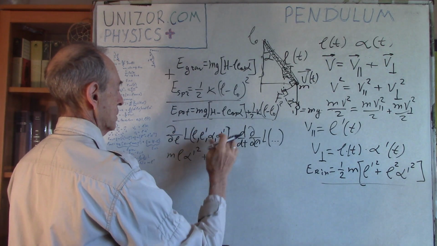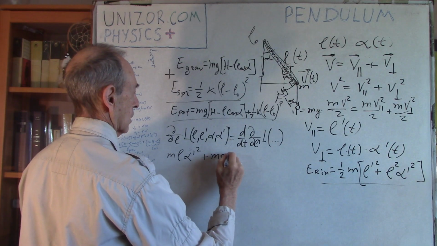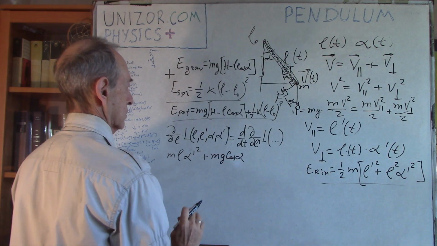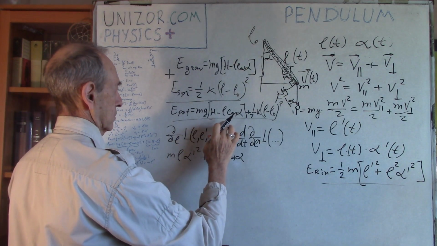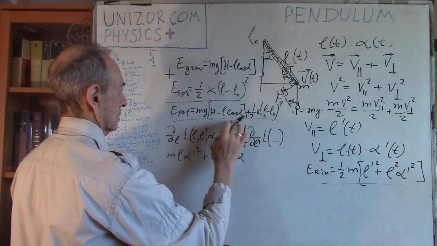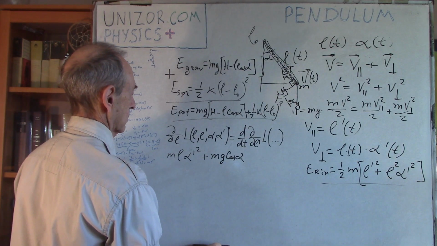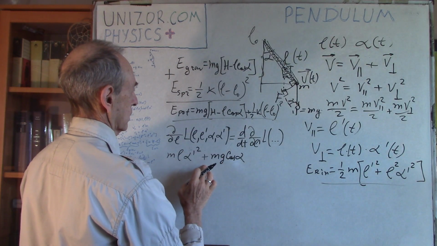By L it would be mg cosine alpha, just like this. The derivative by L would be, no, it would be minus, and minus would be plus, right?